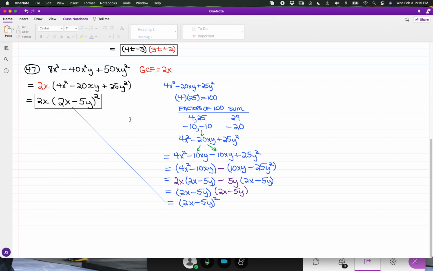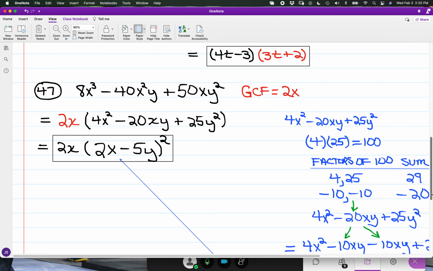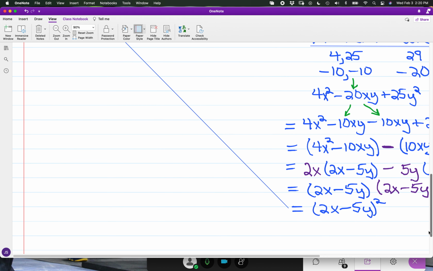All right. And now, I don't think that in your test you're going to have to factor sums or differences of cubes. But for this upcoming problem, there's a bit of multi-factoring.